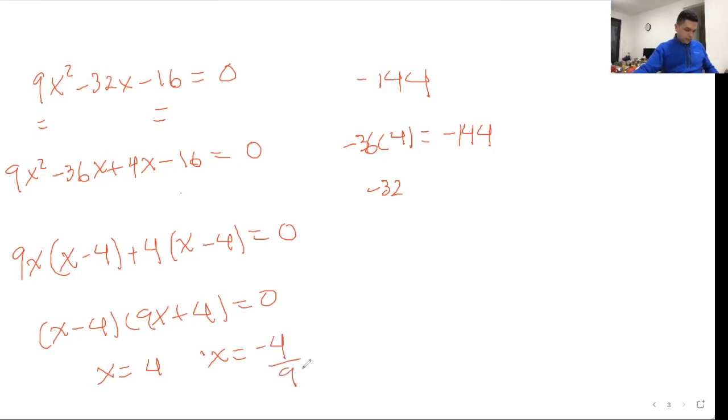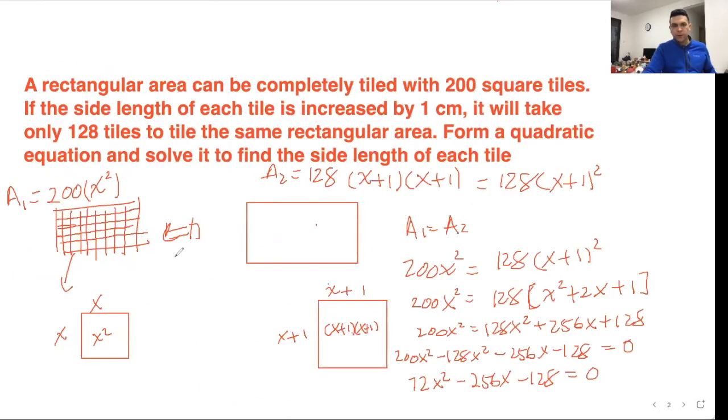Okay, and well, we're talking about length, right? So this one we have to reject because we don't use negative numbers when we're talking about the length of something, right? So x equals 4. Let me just go back.